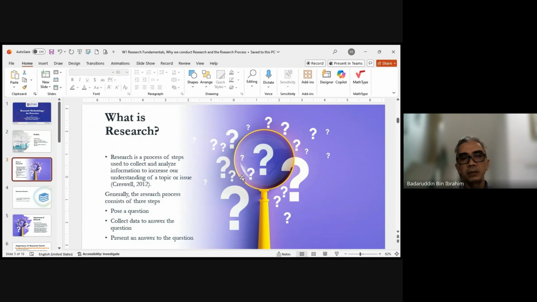Creswell mentioned that research is a process of steps used to collect and analyze information to increase our understanding of a topic or issue. By systematic, we mean there are steps that we have to follow in order to get the right information, to produce and interpret it in a proper way, to get a better understanding of the community.